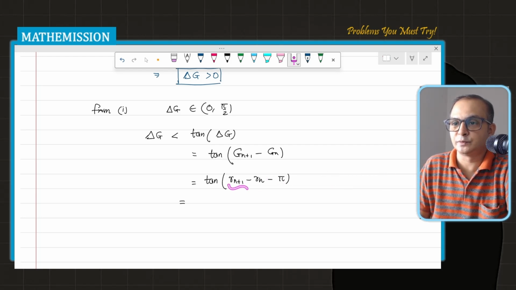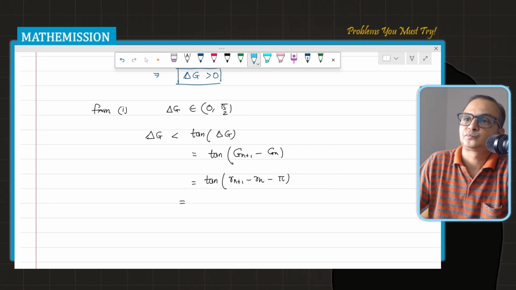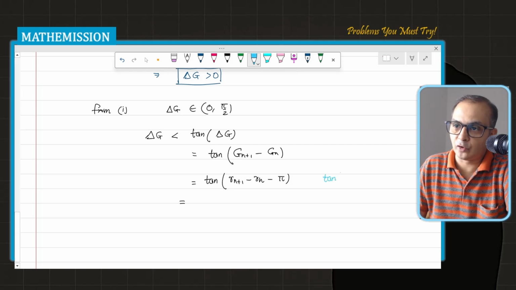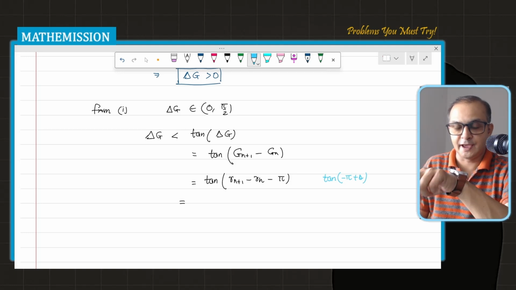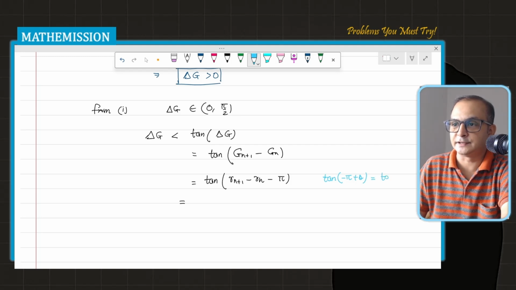So let's assume this quantity is θ. So I can think of it as minus π plus θ. And this is nothing but the tan of minus π plus θ, which is nπ plus θ. It doesn't matter whether n is negative or positive, it will always give you tan θ.